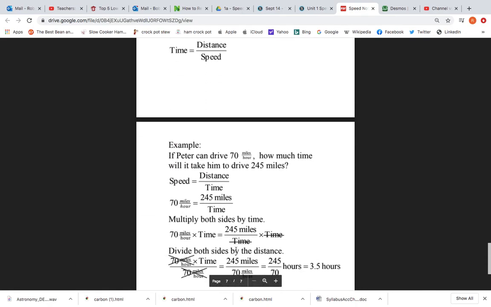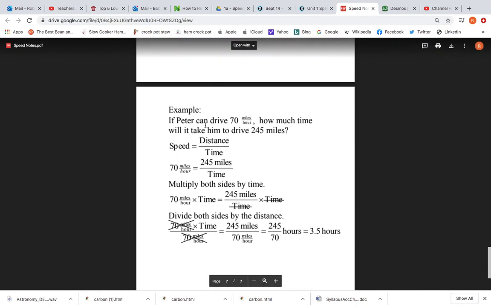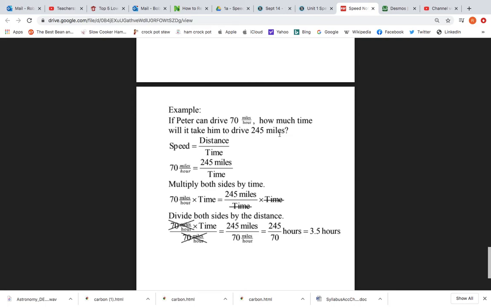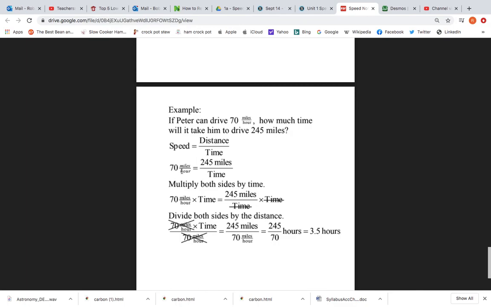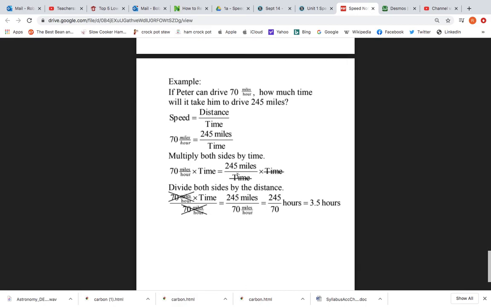Okay, plug your numbers in. Here's another example. If Peter can drive 70 miles per hour, how much time will it take for him to drive 245 miles? You know the speed, you know the distance, you're looking for the time. 70 miles per hour is given in the problem. 245 miles was given in the problem. So how do you solve for it? Multiply both sides by the time. That gives you 70 times the time equals 245.